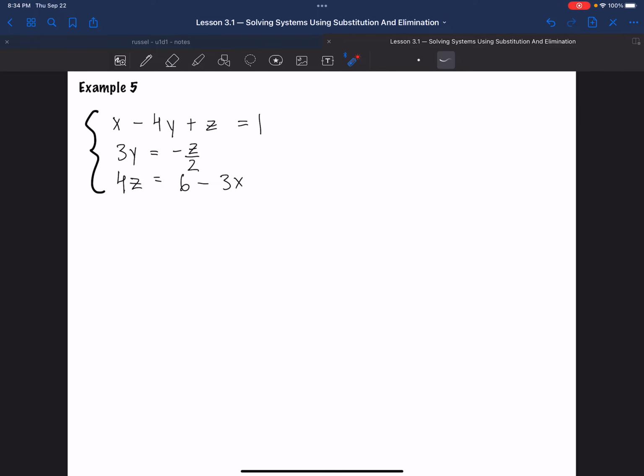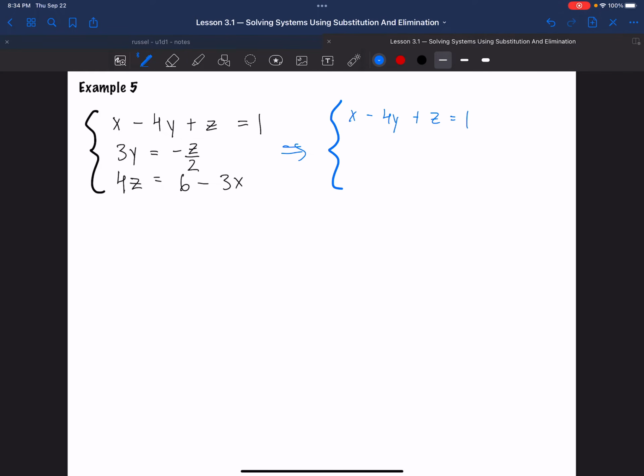So let's take the same approach of aligning our variables. So I'll do a little arrow here. I'm going to make a little curly bracket. I could never do a perfect curly bracket. So x minus 4y plus z equals 1.